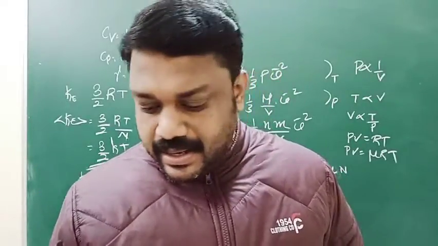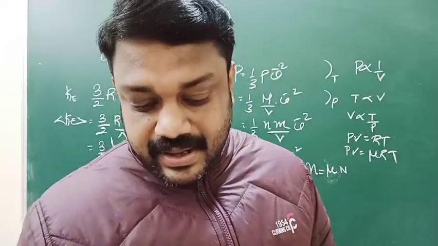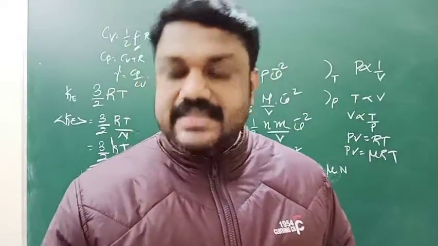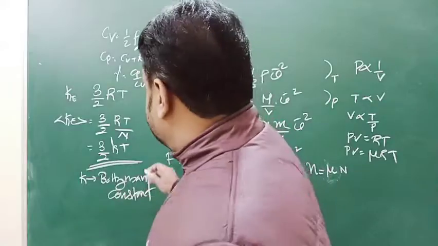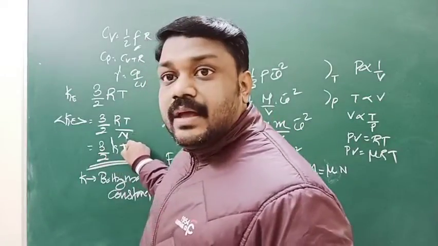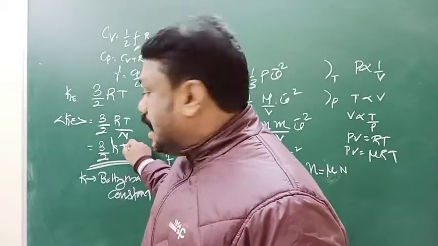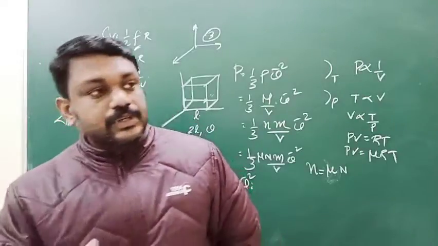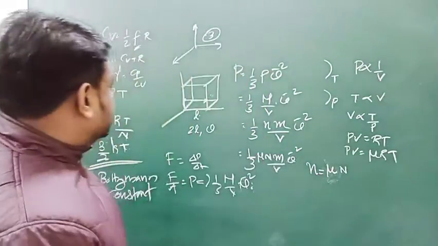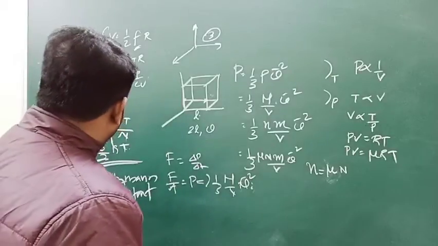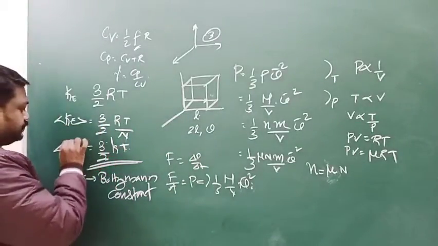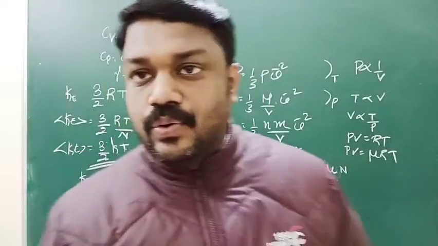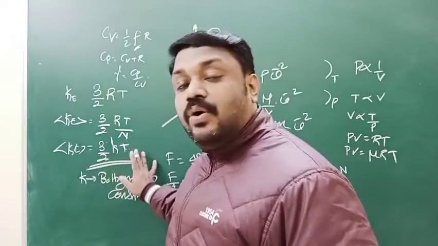Then another term that we have found in this chapter is the total internal energy of an ideal gas. That is 1 by 2 fkT. We have said that 3 by 2 kT is the average kinetic energy, equally distributed along the 3 degrees of freedom.